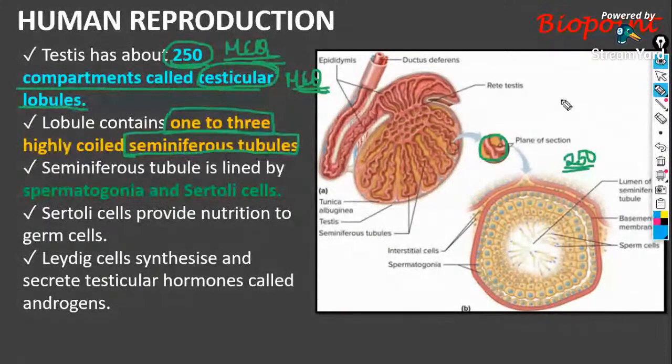Small worm-like structures, guys. 1 to 3 highly coiled structures called what? Seminiferous tubule.